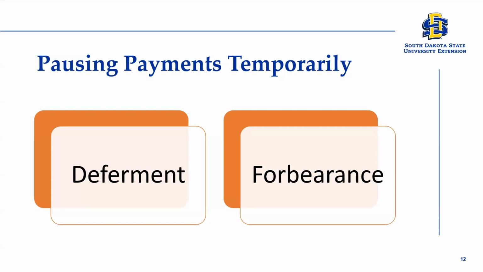For some, but not all, forbearances and deferments count toward the cancellations under the income-driven repayment plan or the public service loan forgiveness. I've talked about this a little bit, so you have to really check into that.